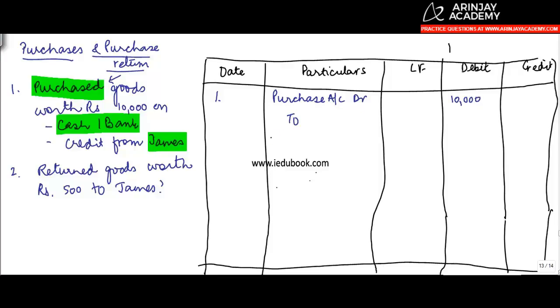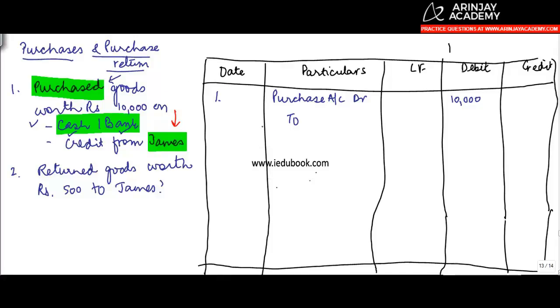Now there are two situations here. One is you make the payment from cash or bank account. Both of them are your assets, and once you've made the payment, the balance goes down, which means it's nothing but a decrease in asset.